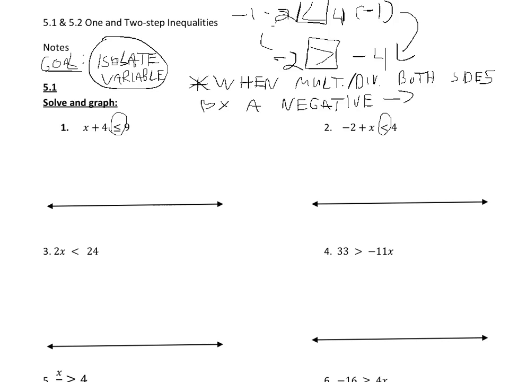Okay, when you do that, like I did in that case with 2 and 4, you have to switch the inequality symbol. I'll abbreviate inequality. That's good enough. So switch the inequality symbol.